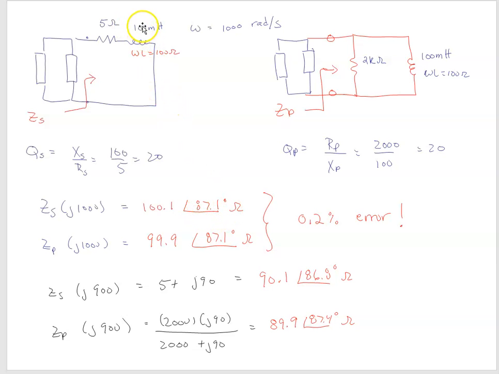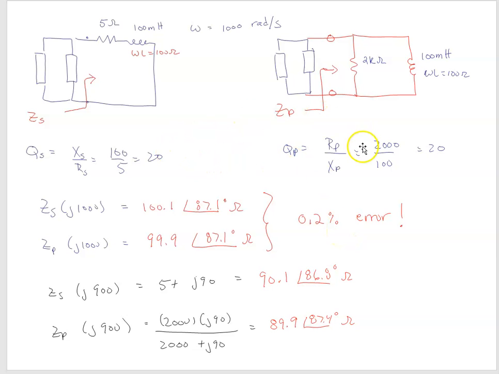The inductance j100 is much greater than the 5, so our angle is closer to 90 degrees, and the magnitude is approximately equal to 100. If we compare that to the parallel, we'd have 2000 times j100 divided by 2000 plus j100. We calculate that, and we end up with 99.9 angle 87.1. So that's only a 0.2% error.